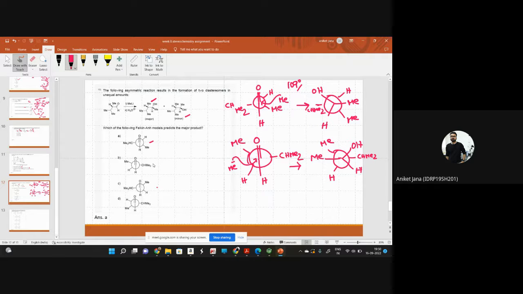And when we proceed with B, we get the minor product. As the major product is this one, the reaction has proceeded through transition state A. If we proceed with B, it is the erythro product, which is the minor one. So the reaction proceeds through transition state A.